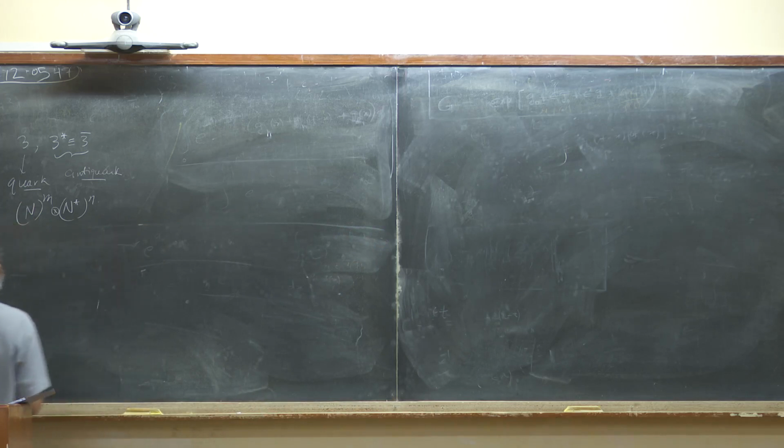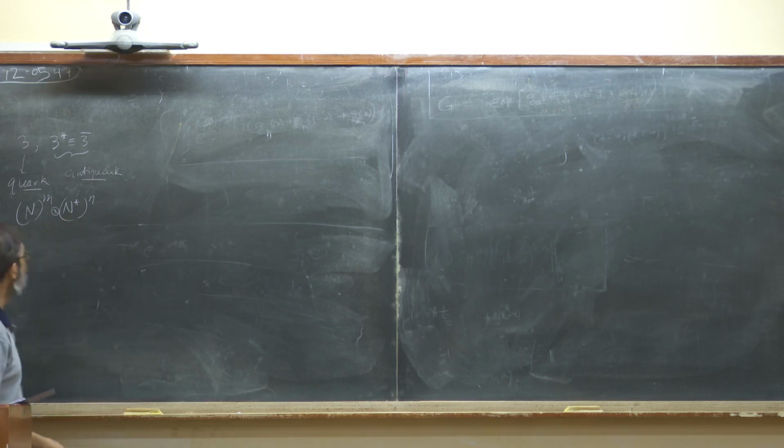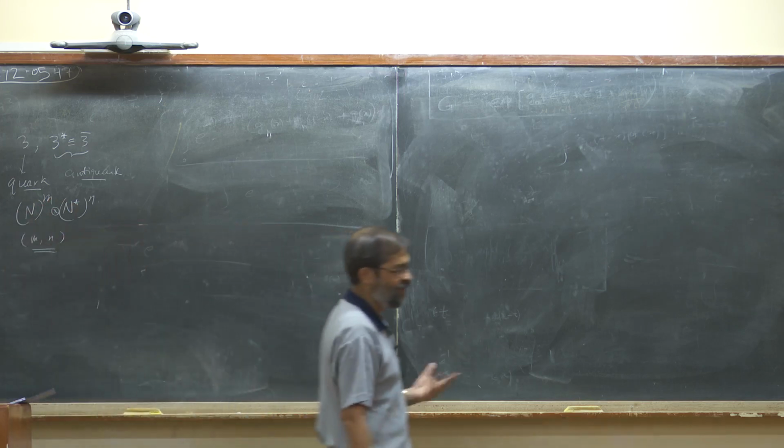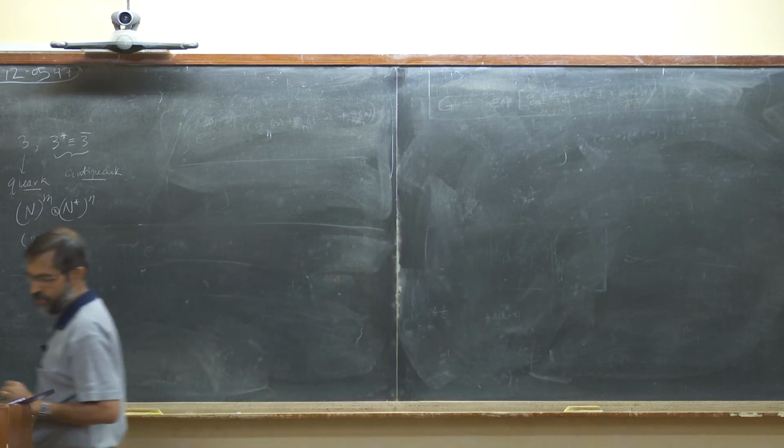And the Dynkin labels of this, which you can more or less figure out by the Leibniz rule, are going to be m comma n, and if you take the complex conjugate of that, that will be n comma m, okay, because the 3 and the 3 bar just flip their roles.